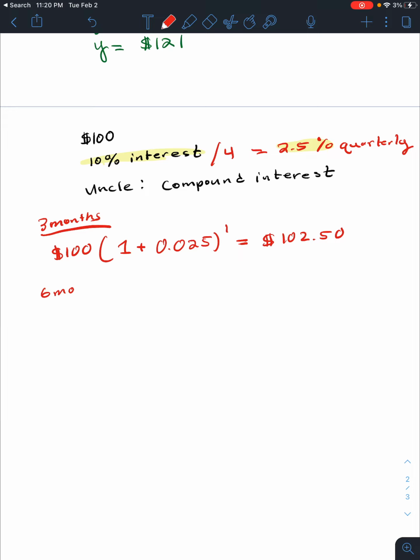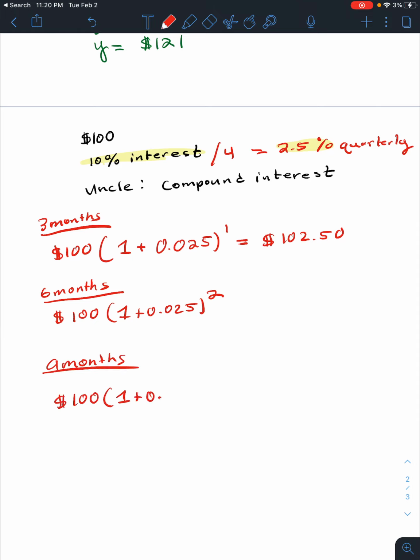Then 6 months comes, and we would write the same formula, but this time we would write it 2 because we're doing it twice. And then if you did it 9 months, you would do it 3 times.